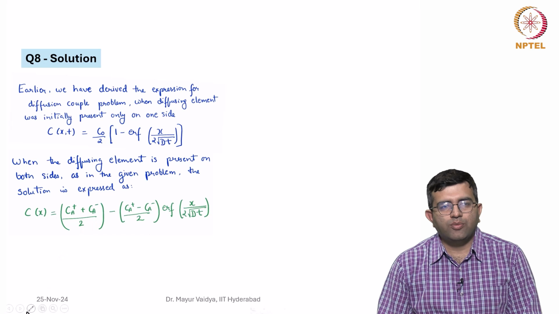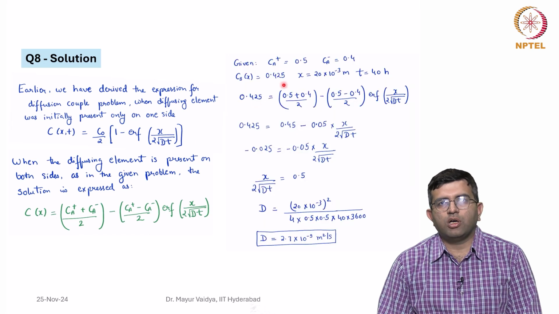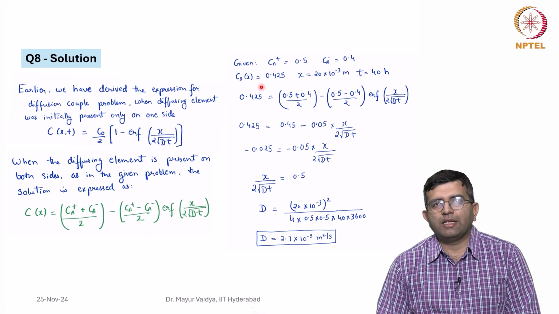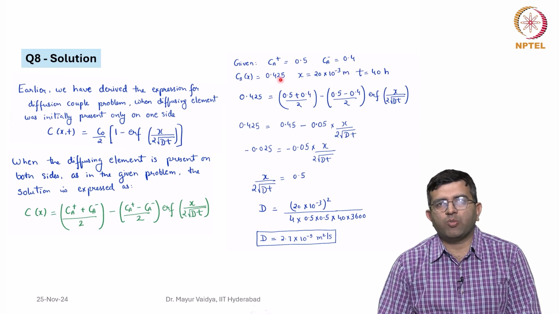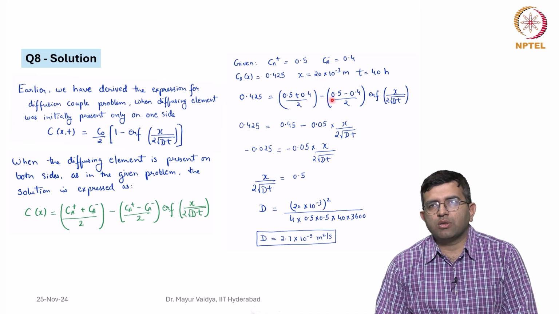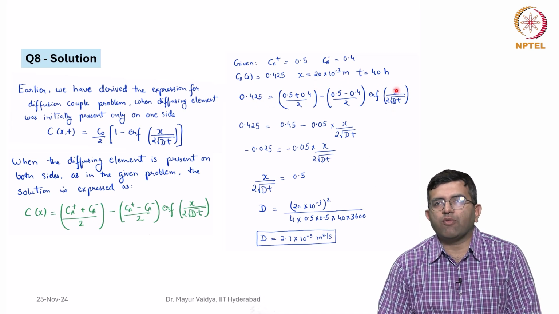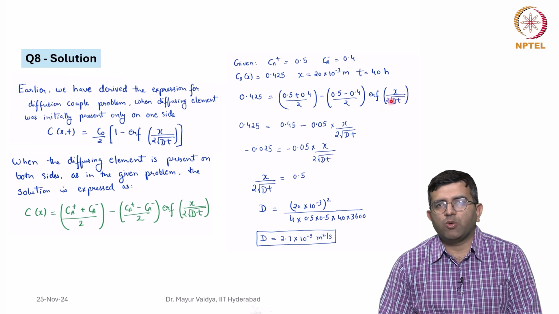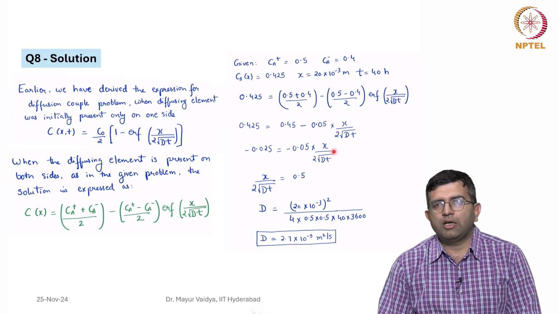So here now if I put the value of 0.5 here and 0.4 here, and C of x is 0.425, and assume that error function of z is almost equal to z, you get x by 2 root Dt as it is.